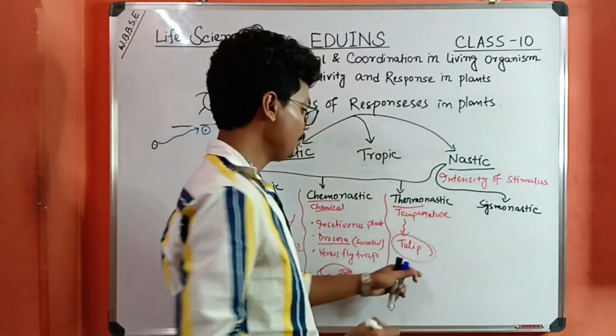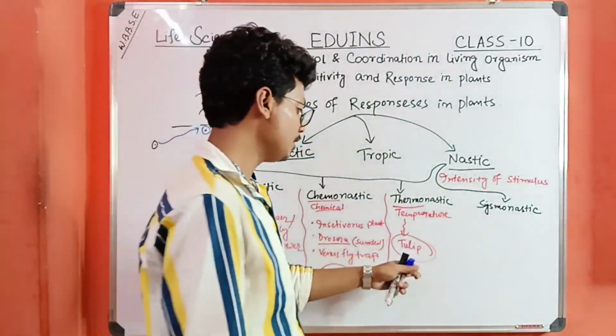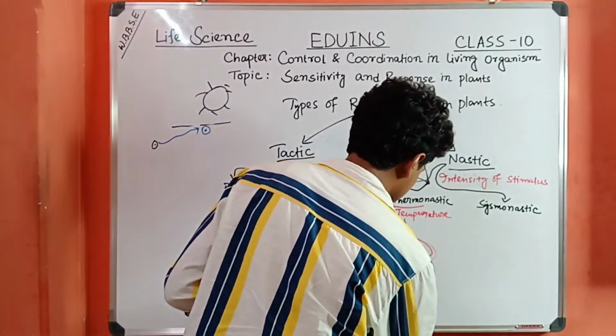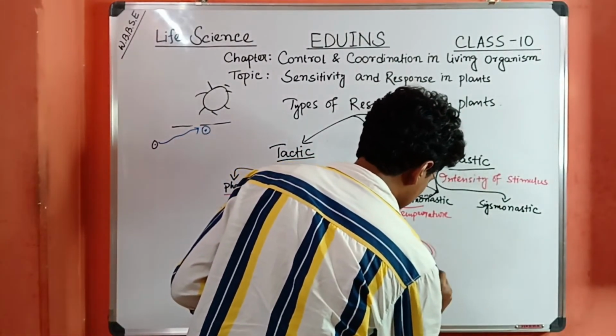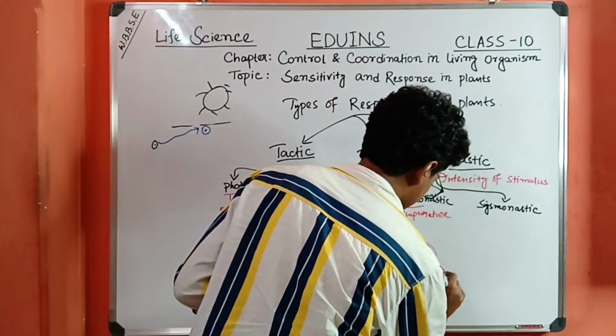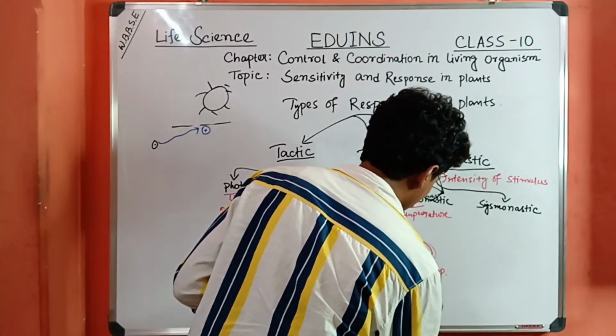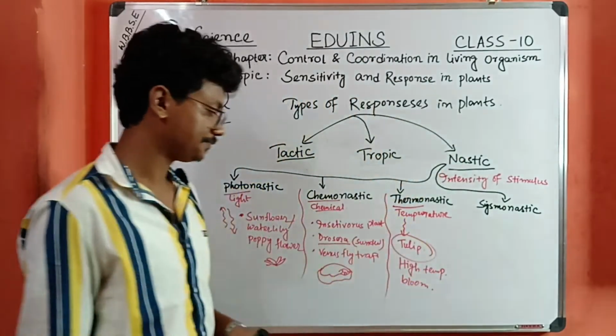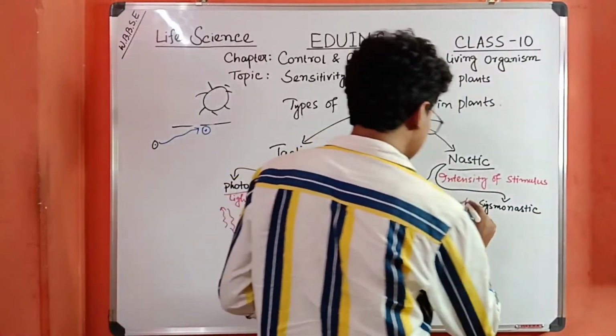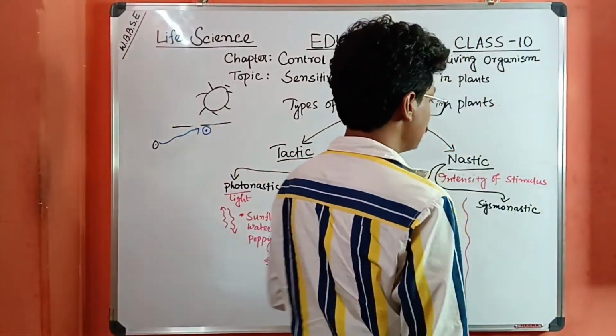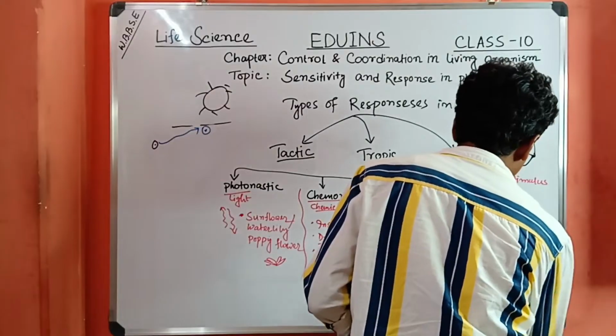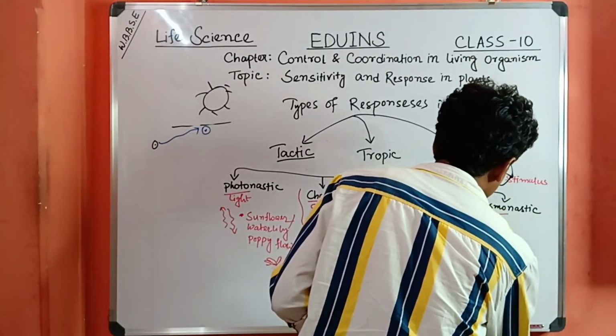Tulip only blooms in high temperature, not in low temperature. Okay. Next one is the seismonastic. Seismonastic is the mechanical.